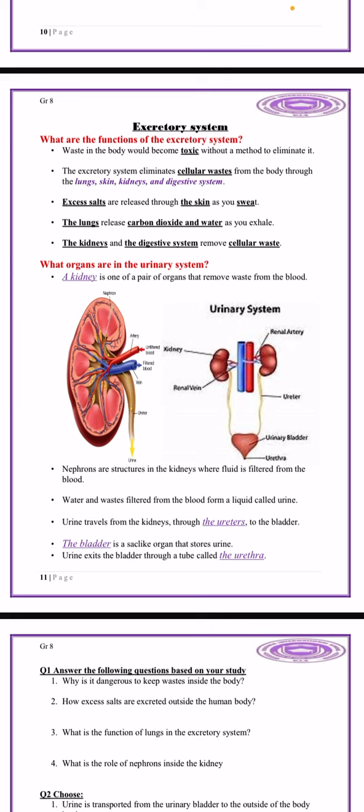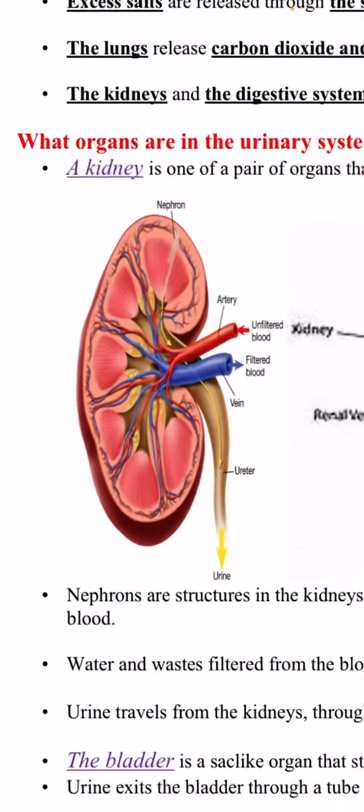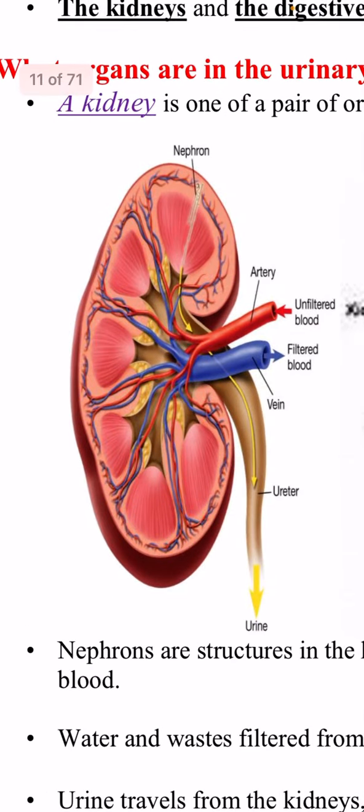How will the urine be formed, or how are we going to filter the blood from the extra wastes and extra water? Actually, the unfiltered blood will enter the kidney through this artery, because we know that the artery goes to and the vein comes out.